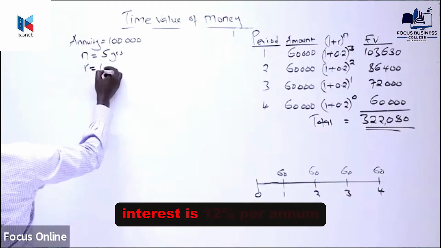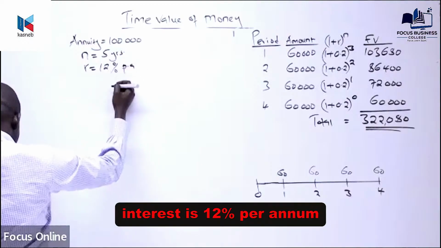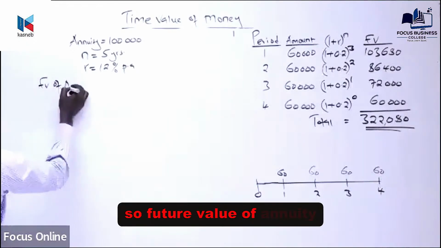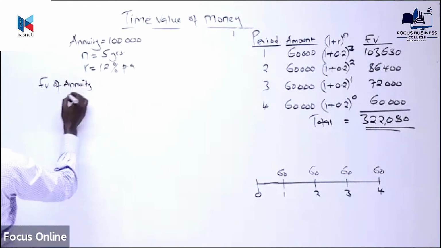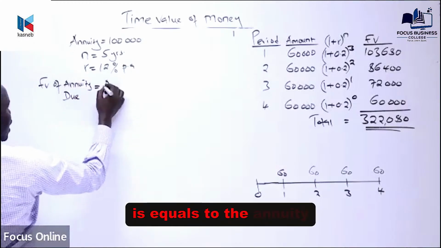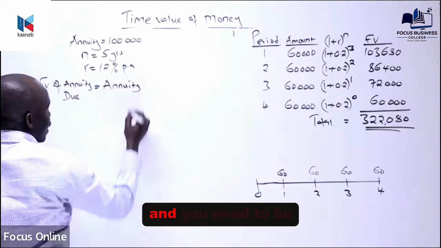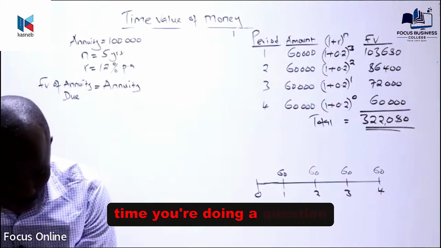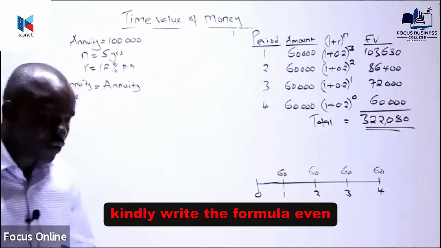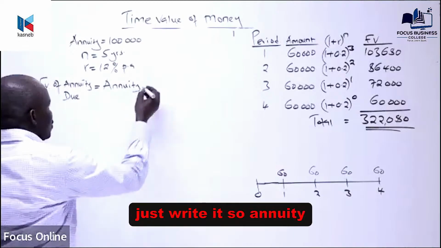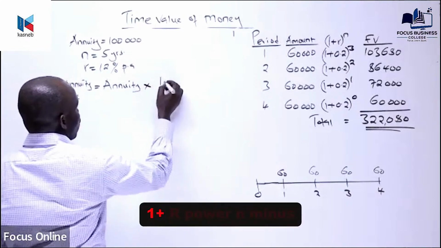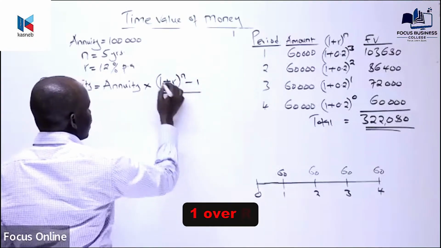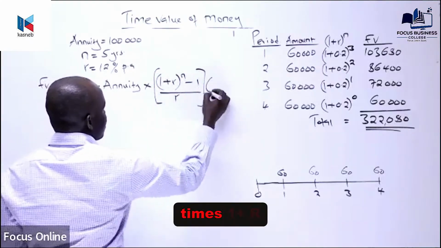Interest is 12% per annum, and it's at the beginning. So future value of annuity due is equal to the annuity times 1 plus r power n minus 1 over r, times 1 plus r. You need to be writing these formulas every time you do a question. Even if you know the formula, just write it.